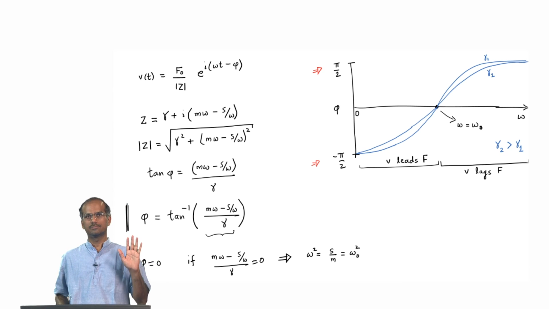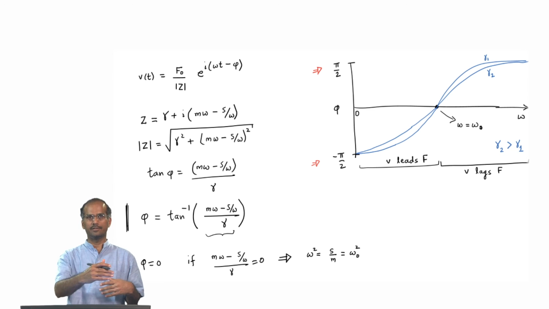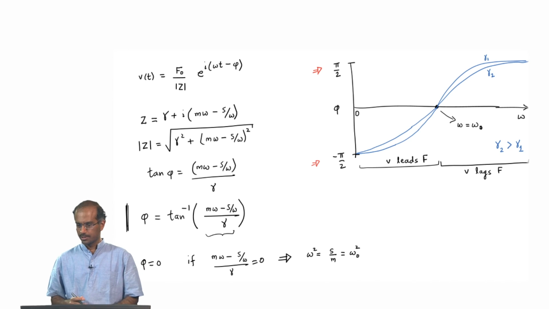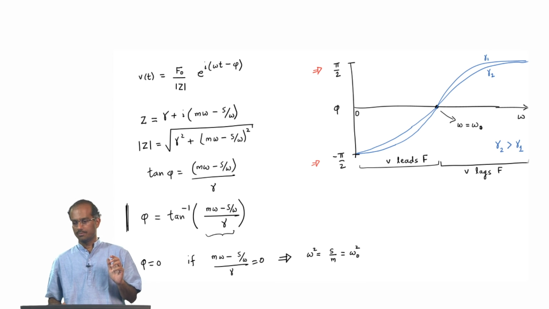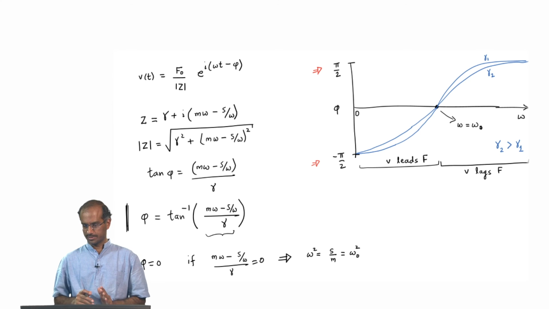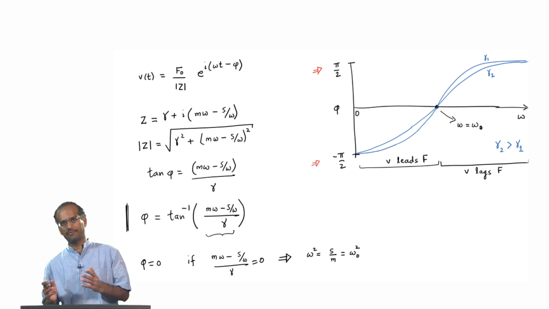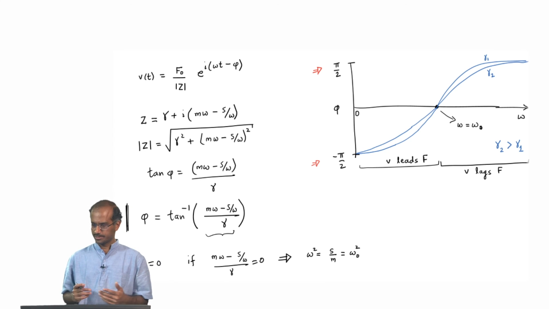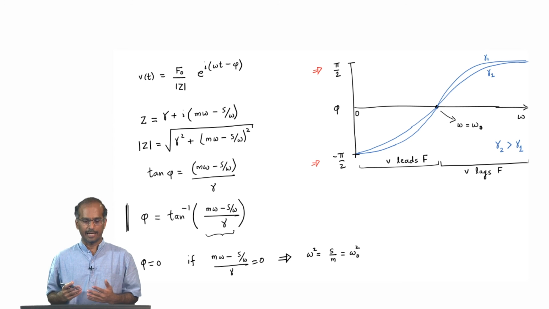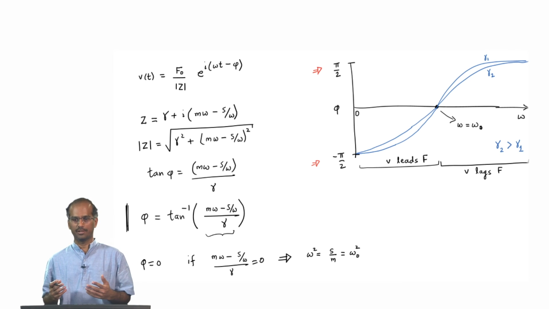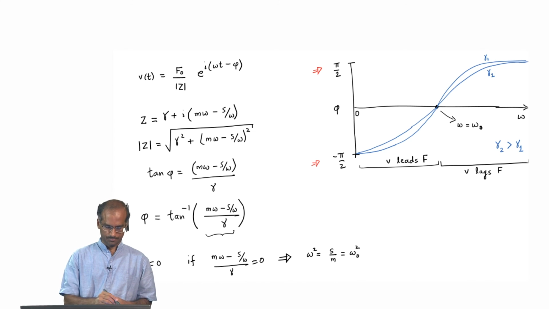You look at the phase difference between velocity and the forcing as a function of omega, and that is what is sketched here in front of you. There is a range of frequency values below omega 0, which is the natural frequency, where velocity leads F in terms of phase, and if driving frequency is larger than the natural frequency, velocity lags driving frequency in phase, and that is as far as velocity is concerned.